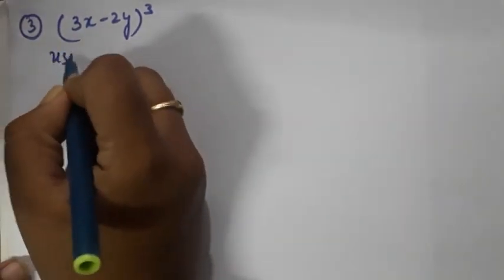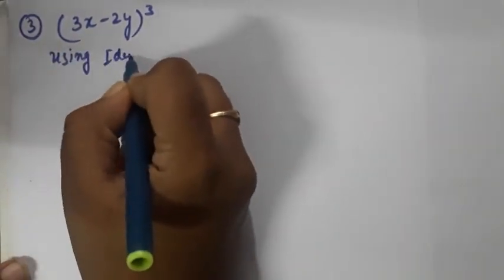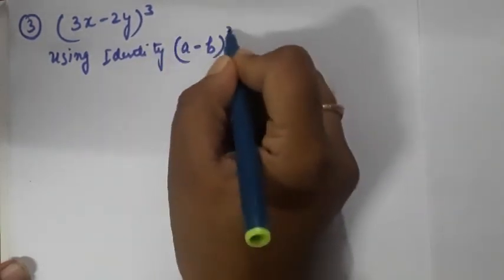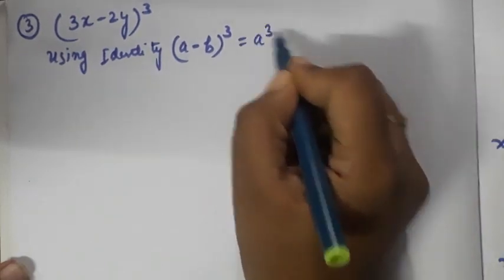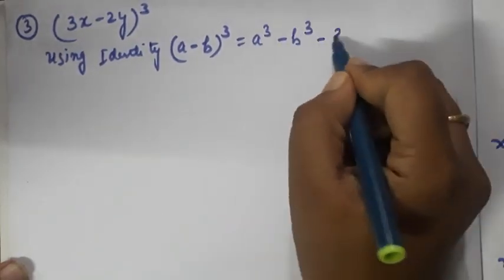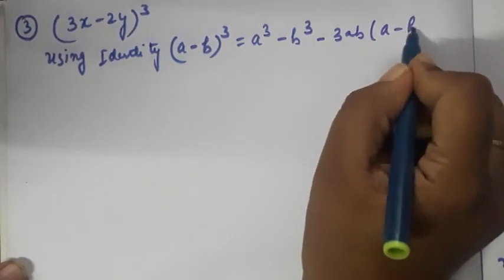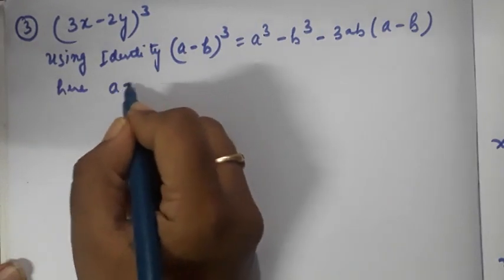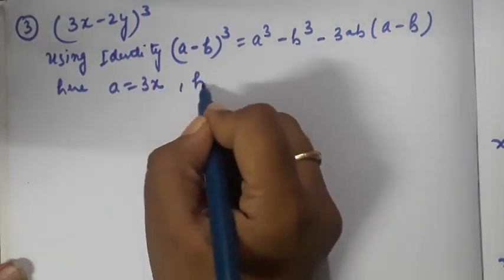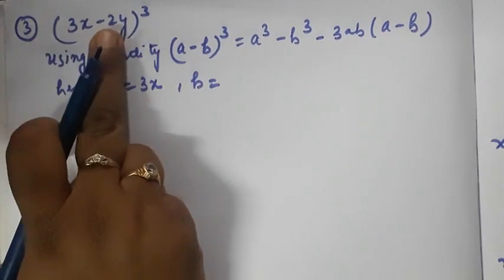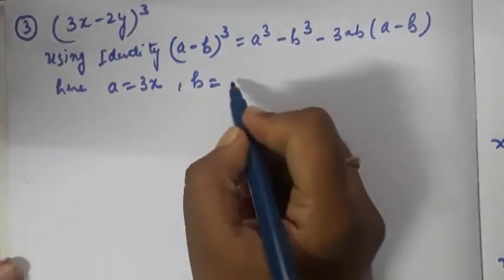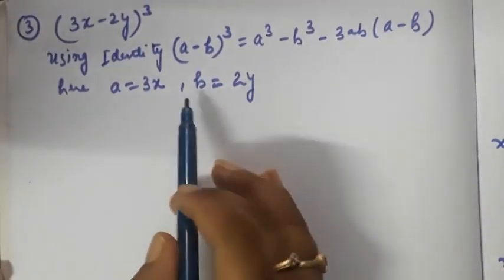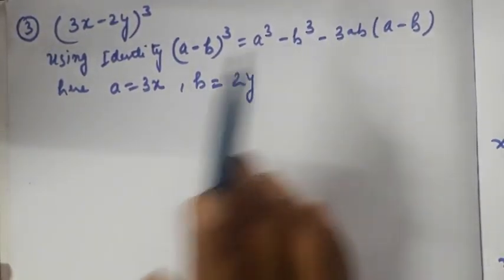So we will write here, using the identity, (a - b)³ = a³ - b³ - 3ab(a - b), where here a = 3x and b = not minus 2y, it will be 2y because we are comparing with a - b. Now just substitute the values of a and b in the expansion.